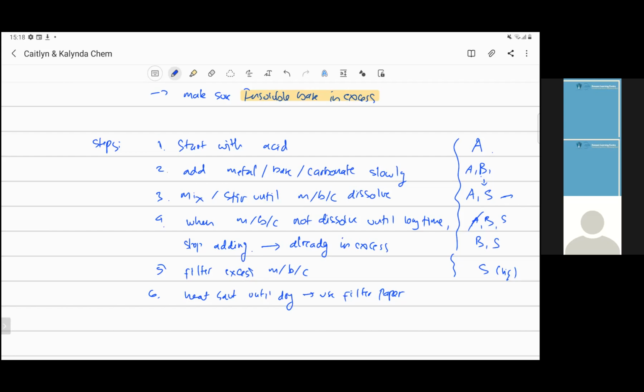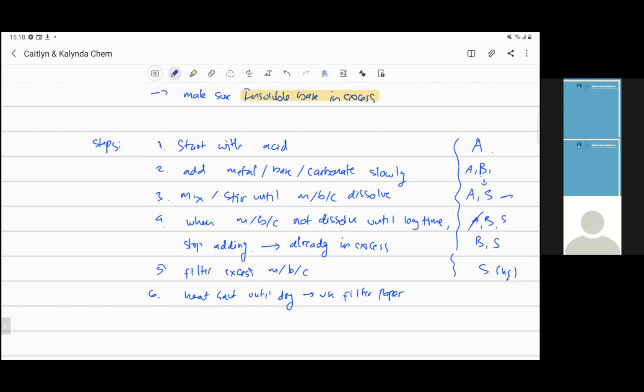But we are not going to get them very dry under heat, under fire, because it's dangerous. Sometimes there are little explosions, depending on the type of salt you work with. So for safety, you keep the salt with a little bit of water left.